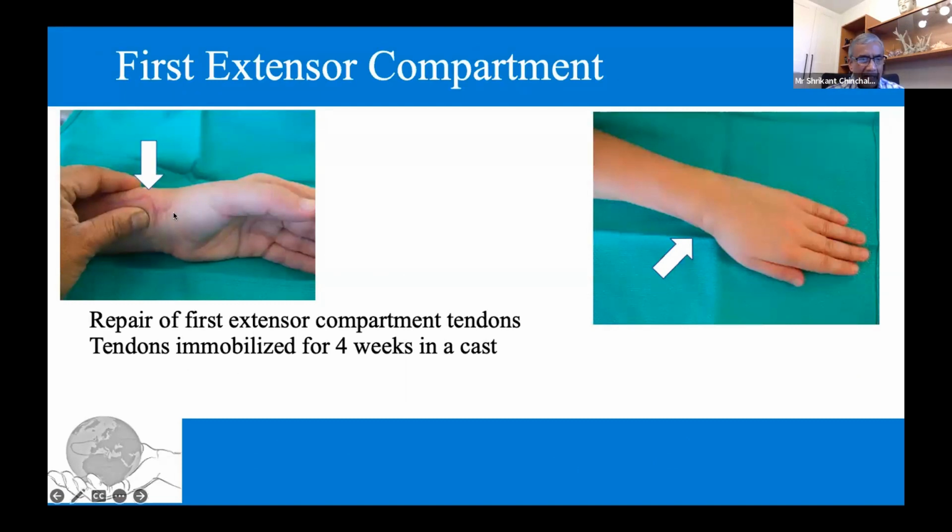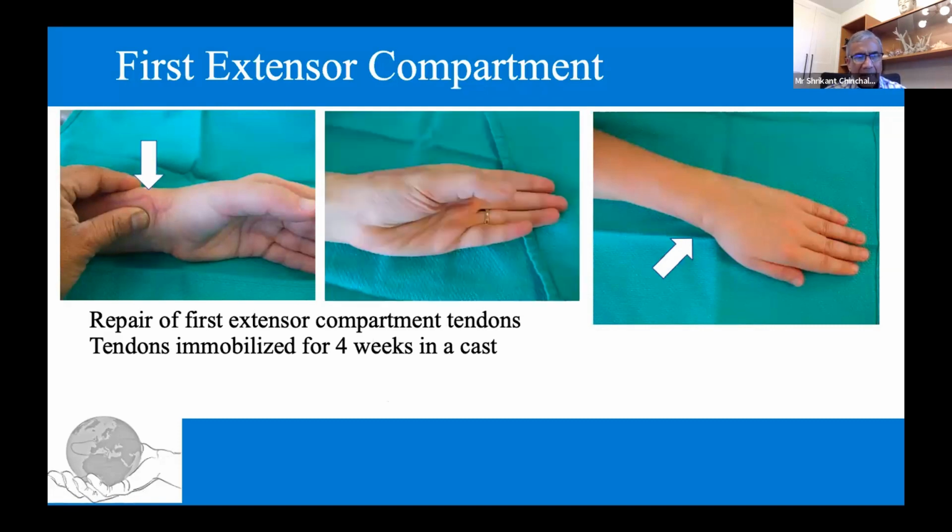The thumb and the wrist were immobilized in a particular degree of angle at the wrist joint, thumb CMC, MP, and IP joint. The tendons were immobilized for a period of 4 weeks in a cast, and then when the cast came off, the patient had difficulty performing specific actions such as opposition of the thumb to the small finger.